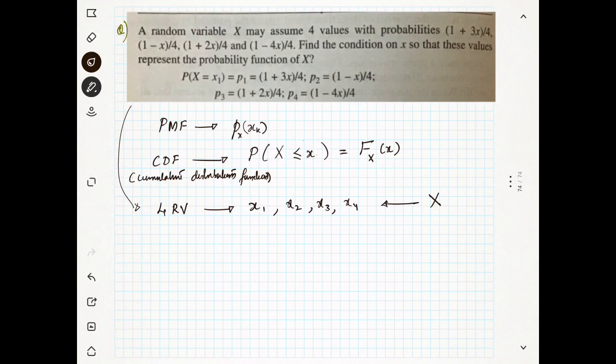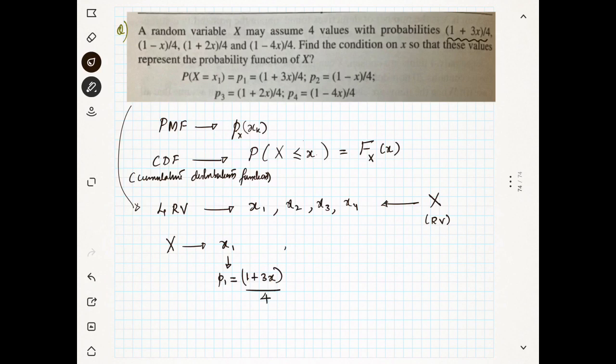In general, capital X is the notation for the random variable. So X can take the value x1 with probability p1, and it has been given here that p1 is (1 + 3x) divided by 4.